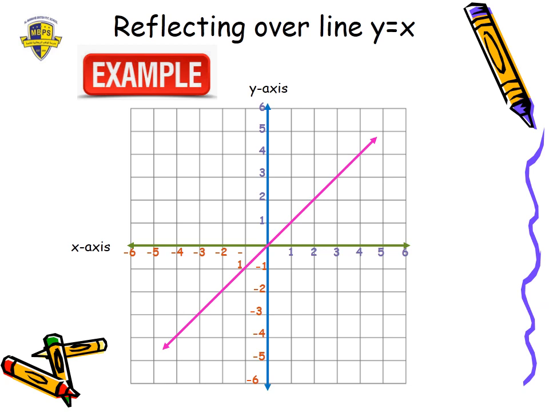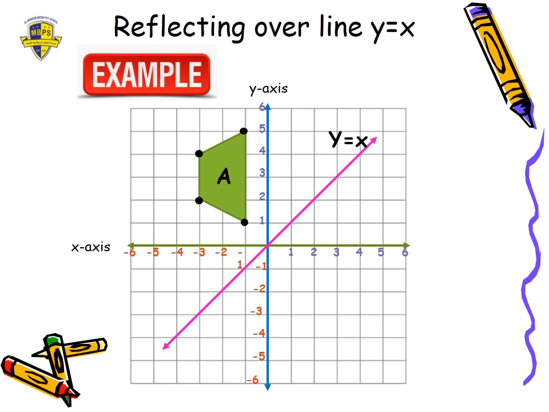Now let's solve this example to apply the rule. This is the line y equals x, and we have this trapezoid, we name it A. We want to reflect it across the line y equals x. Before we do that, let's define the corners and write the coordinates for each corner.